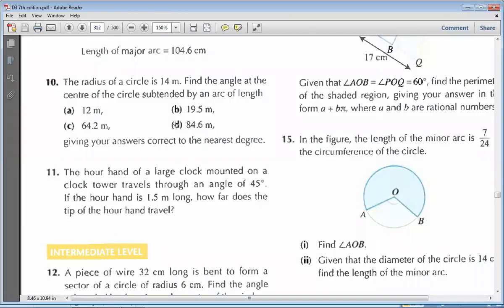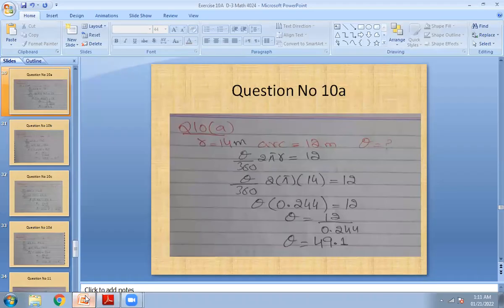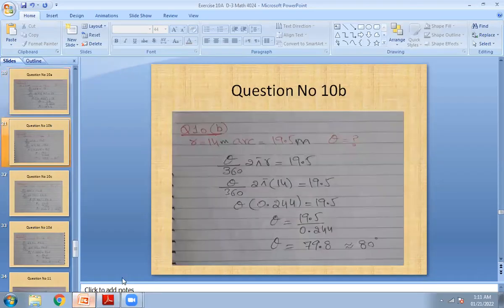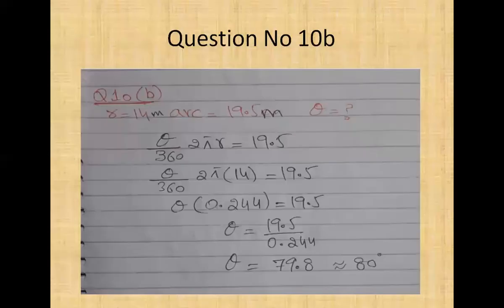So the next part is question number 10, its B part. It says the radius is 14 meter, the arc length is 19.5 meter, and what is the angle at the center? That is the question. Let me show you my work. So the radius is 14, the arc length is 19.5 meter, theta is the question. We know that the arc length formula is theta by 360 times 2 pi r equals 19.5.